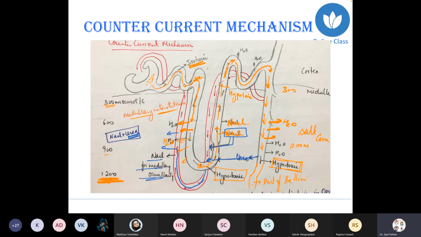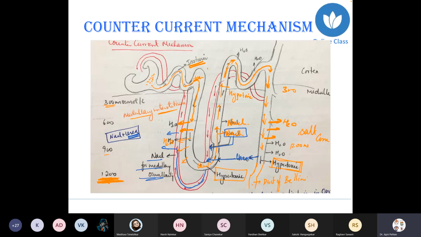As it moves further in the collecting duct, more and more water is removed, because at 1200 milliosmol per liter, more salt is there. It removes more water, and now the urine in the collecting duct is hypertonic, and this urine goes through the duct of Bellini and then into the renal pelvis. This we have studied. This is how the urine is formed, which is hypertonic.